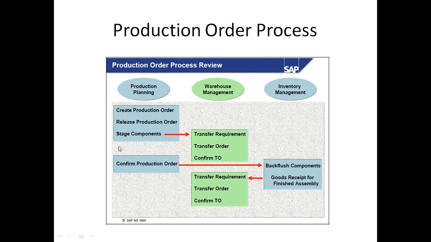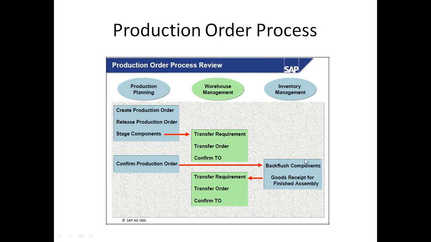After the production process is done, they do the confirmation of production, which means they have completed the process. As soon as they confirm the production order, the system automatically utilizes the material staged in that staging area. It will do the component backflushing.